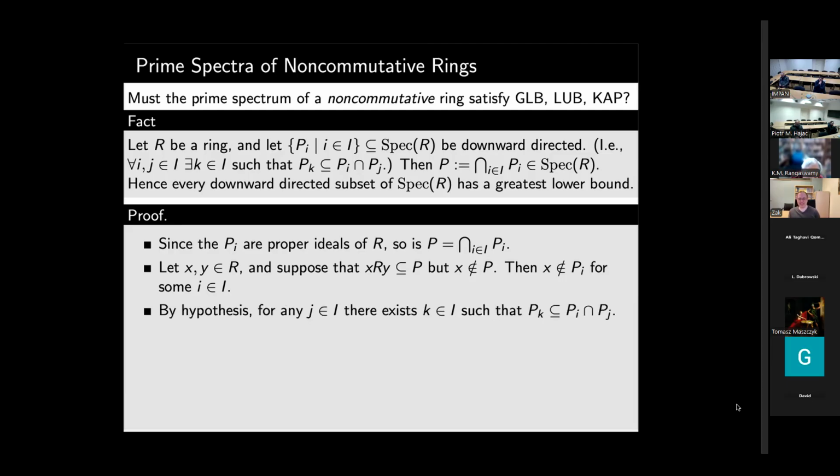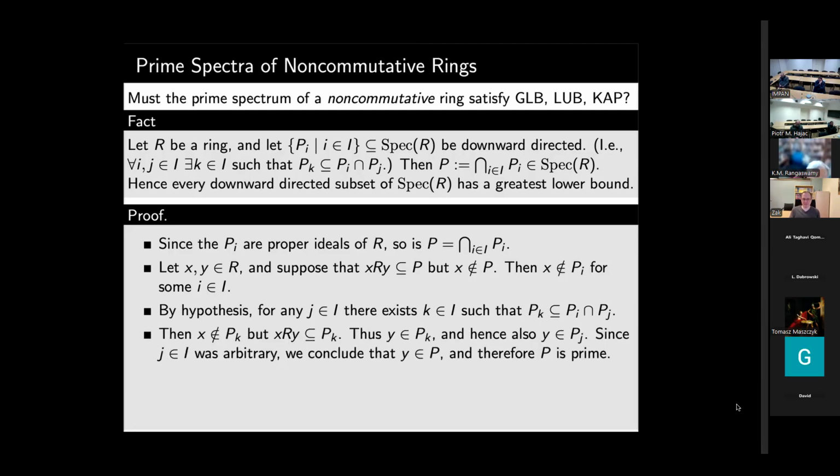And now let's take any P_j, any element in the set, and intersect it with P_i. So below that, there'll have to be a prime ideal P_k by the setup. And that prime ideal still contains xy because that's in the intersection, but it doesn't contain x because that's not in P_i. But P_k is a prime ideal, so if it doesn't contain x, it has to contain y.